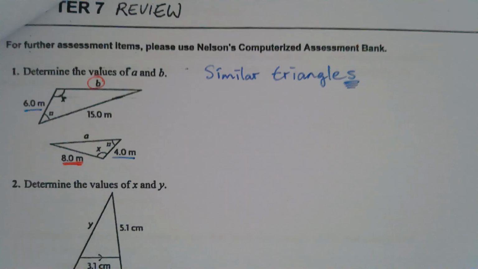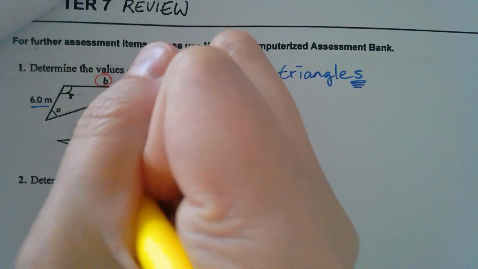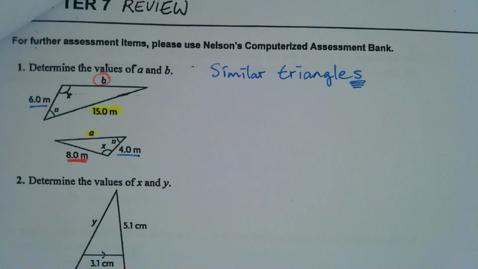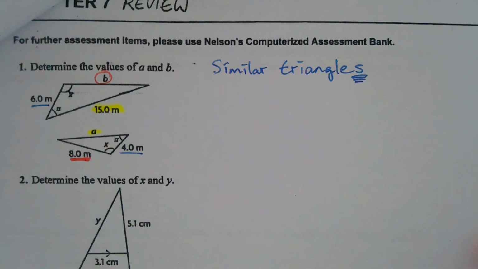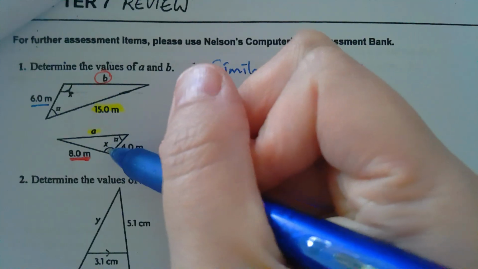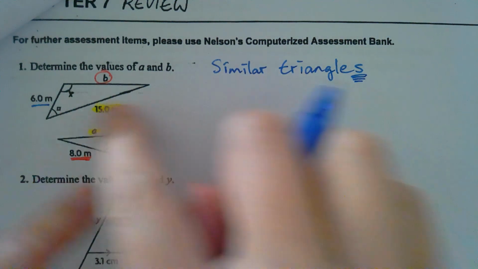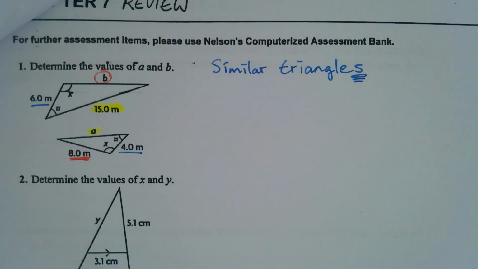Okay, and then finally, this side is to match up with this side. Do the order matter? Yes. I know the order because of these symbols right here. It means that this angle is the same as this angle is the same as this angle. So when I rotate this, I can match up the sides with the sides.